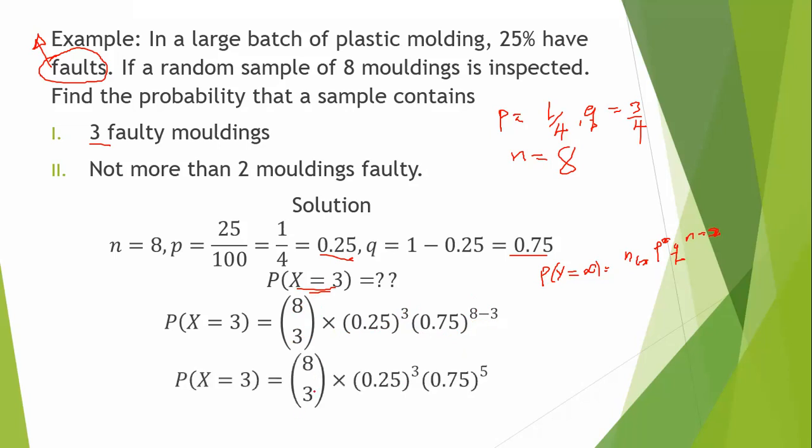So that would give us 8 combination 3 times 0.25 to power 3 times 0.75 to power 5.